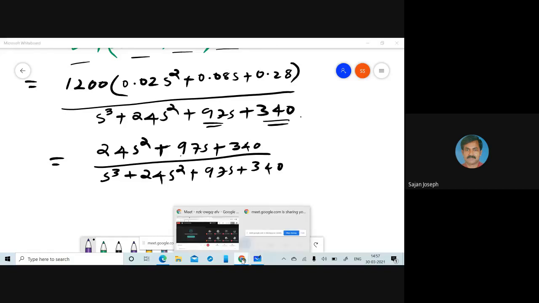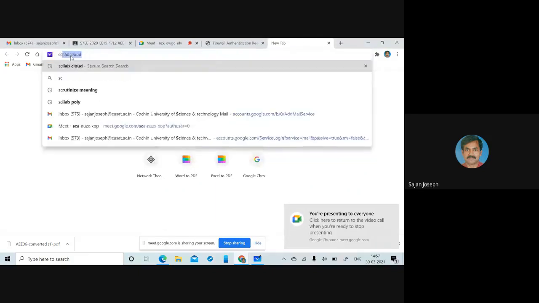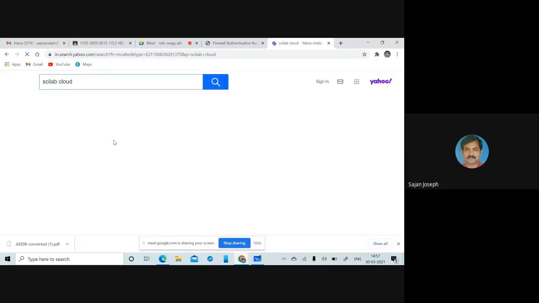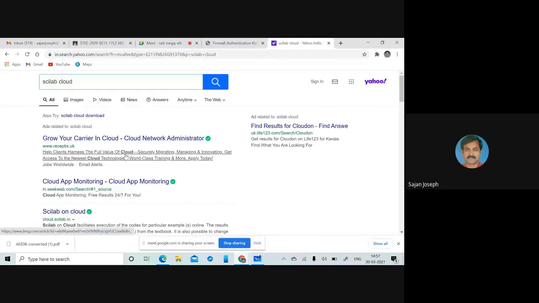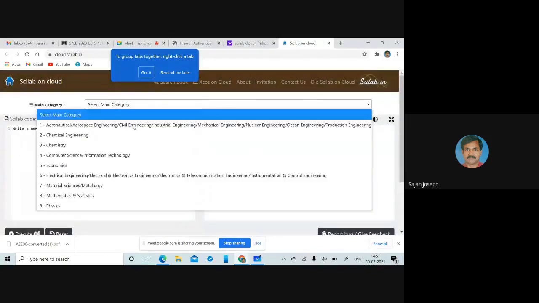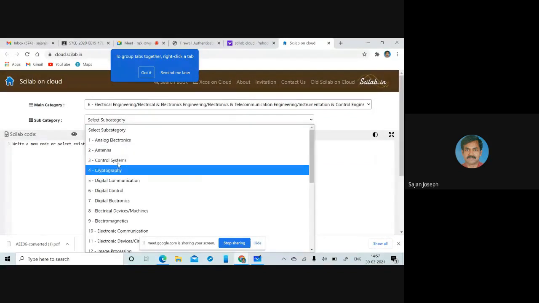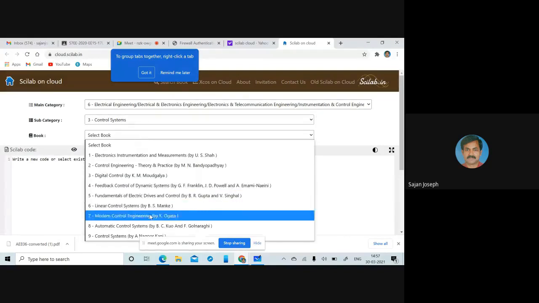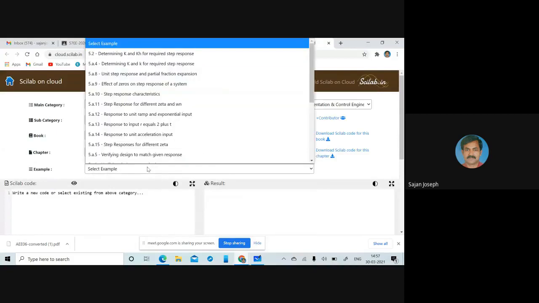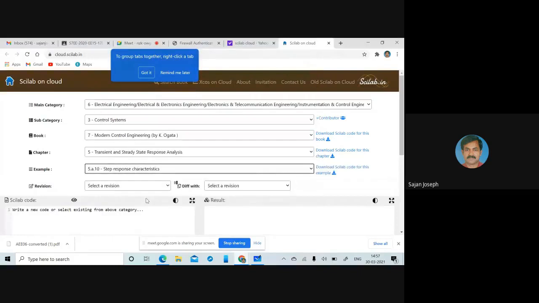Then what to do? Go to Scilab Cloud. And select the main category: control system subcategory, textbook Ogata, chapter transient and steady state response, select example, unit step response.